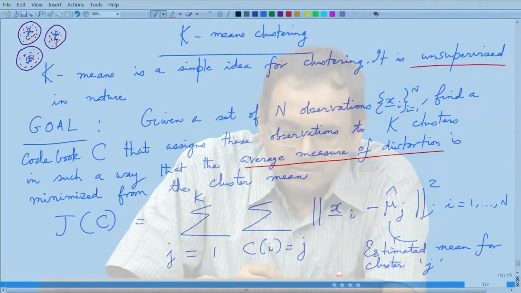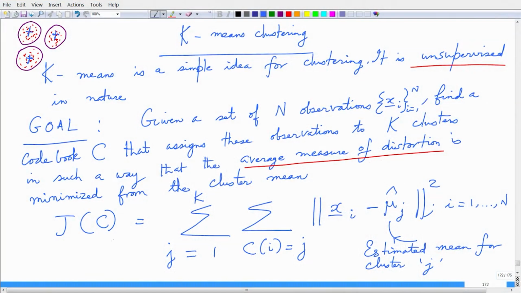Now, the cost J of C is given by this distortion function. So, what it means is simply the following: we have k clusters, that is j going from 1 to k, we have k clusters over which we have to compute the cluster variance or this distortion, and for every such cluster I will have a data point x_i which will be encoded to this cluster j, right.